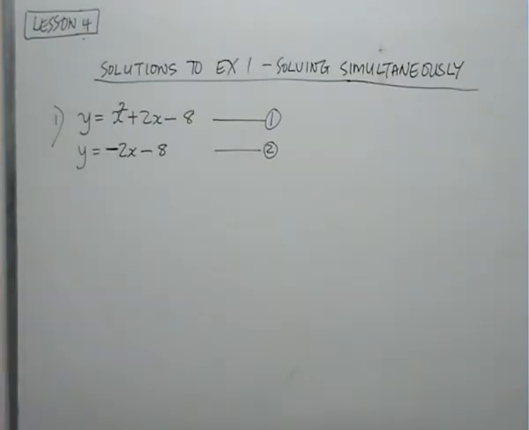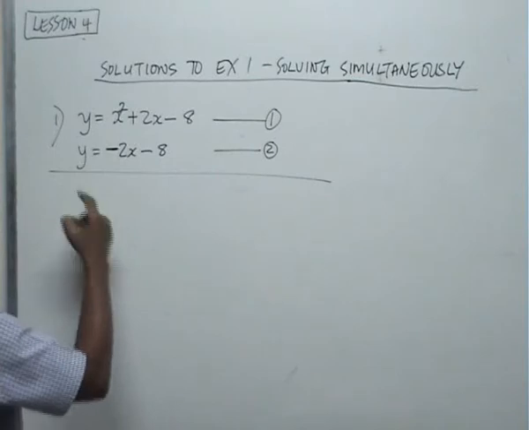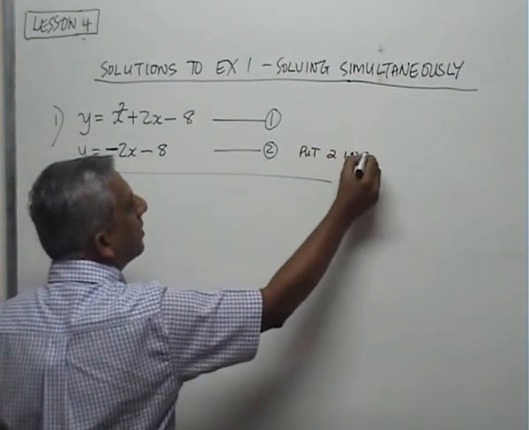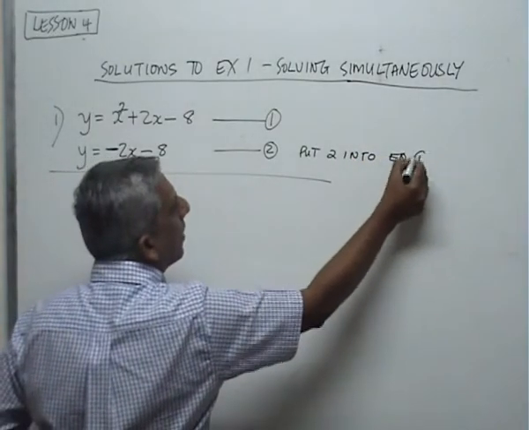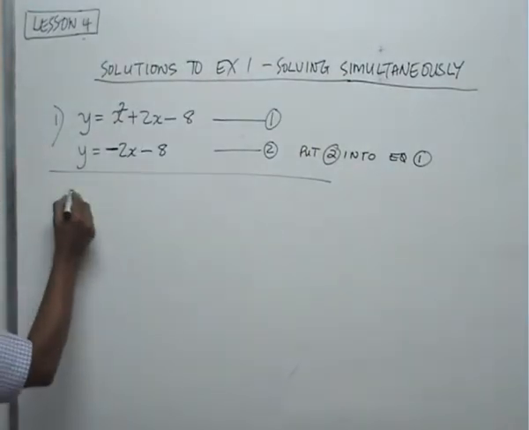Alright, so there's example 1, and you want to work that out. So when you read the question, you will say put 2 into equation 1. You'll put equation 2 into equation 1. So let's write equation 1 down.